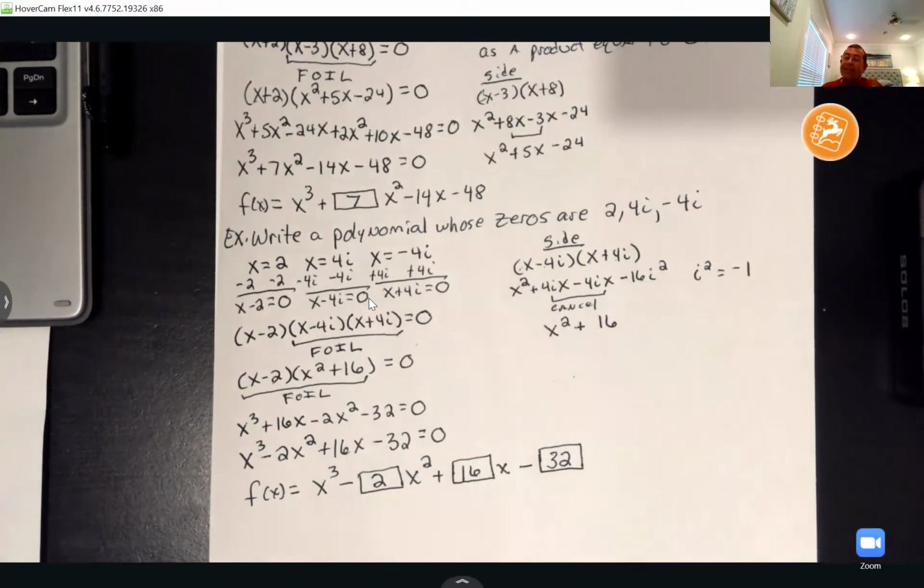All right, y'all, so the next thing we're going to FOIL, and I'm going to give y'all a little review on this as we go through it. So the same thing here.